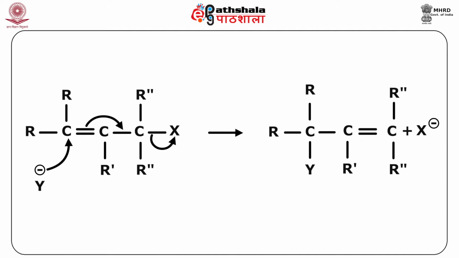This mechanism is known as the SN2' mechanism. The SN2' rearrangement normally occurs exclusively when the SN2 process is sterically hindered. Now you can see how the SN2' mechanism is taking place in this figure. Thus, the p orbital system of the double bond can stabilize an adjacent carbocation by donating electron density through resonance.